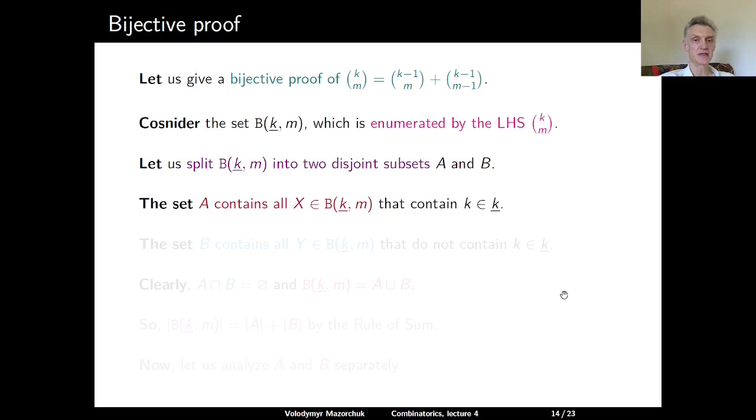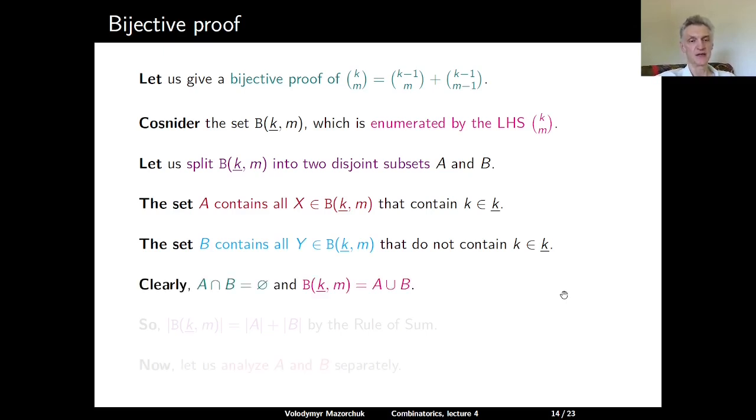Here A contains all elements in B_k^m that contain the last element k. And B contains all elements in B_k^m that do not contain the last element k. Clearly from the definitions, the intersection between A and B is empty, and the union of A and B is exactly our set B_k^m.